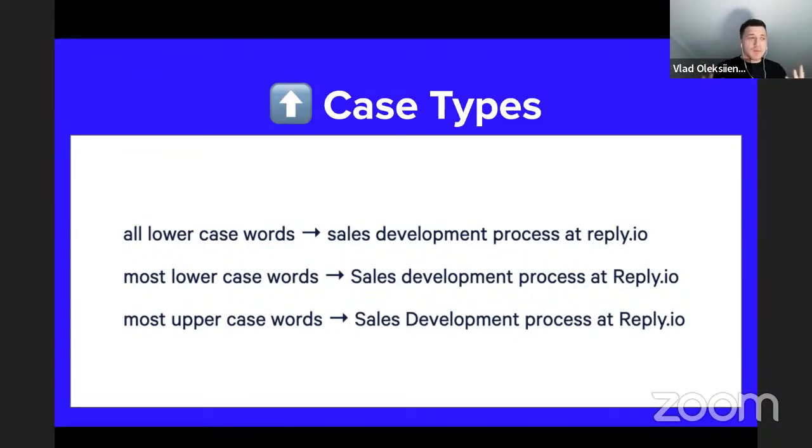And it got me curious. Is this something cool? Does it help to increase my results? And we asked our data scientists to analyze average open rates by case types.